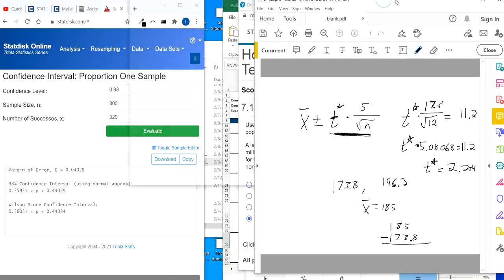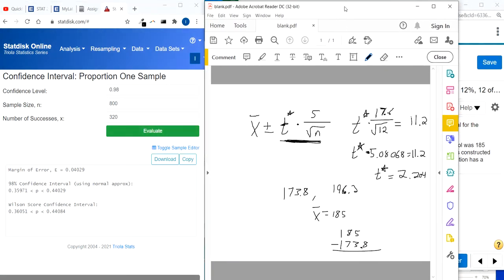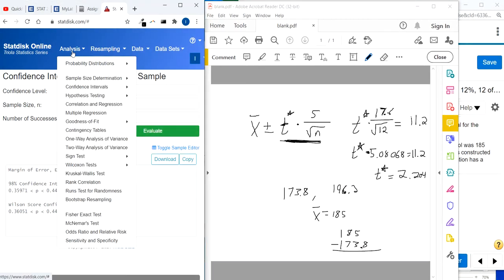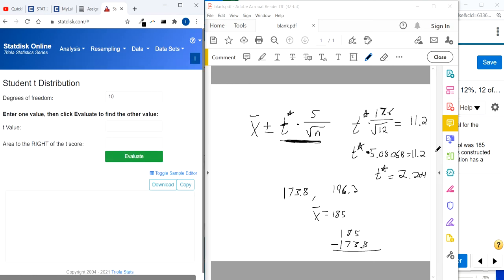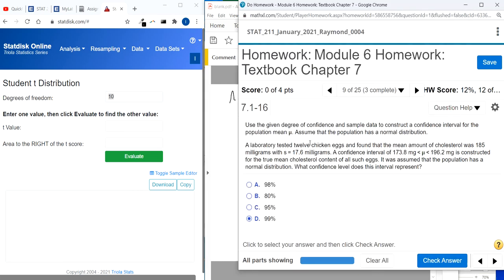Now we just need to go to StatDisk analysis. We're looking at a probability distribution. It's the t distribution, okay, because we're talking about t. Degrees of freedom. So for just a one sample mean test, the degrees of freedom would be n minus 1, where the n is the sample size.